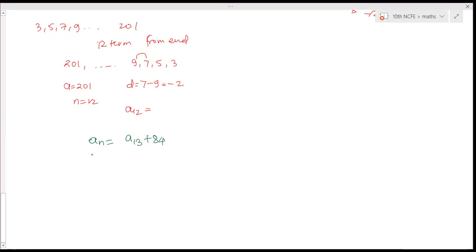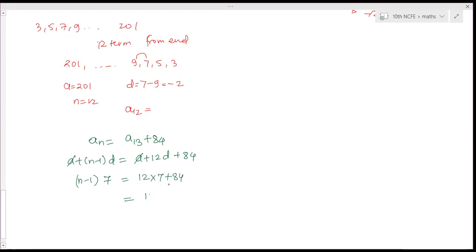Then substitute the values. an means a plus n minus 1 into d is equal to a plus 12d plus 84. So a and a get cancelled. So what is n we have to calculate? n minus 1, difference is 7, is equal to 12 into 7 plus 84.